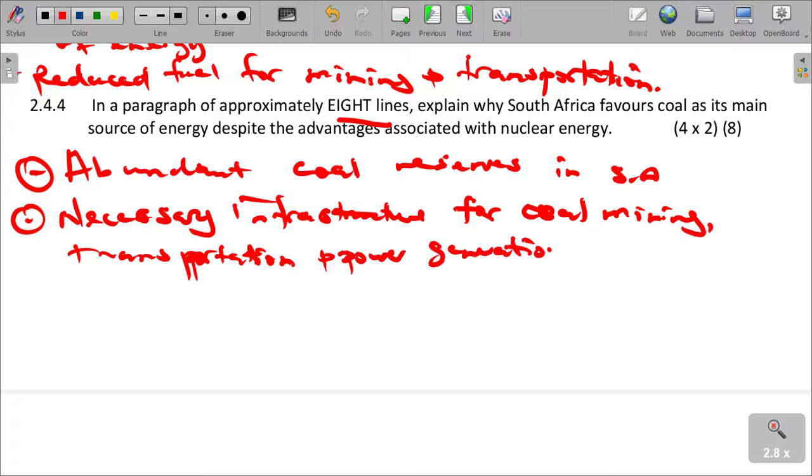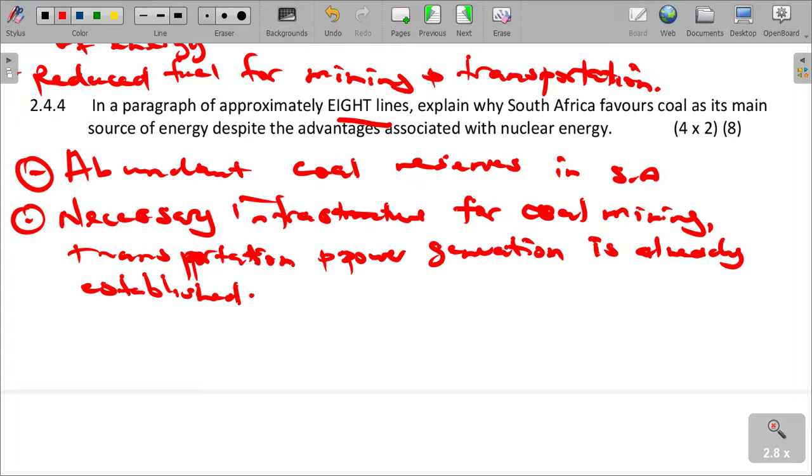Power generation is already established. We have got the capacity already to use coal mining.